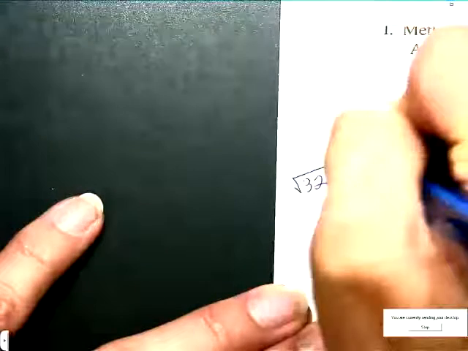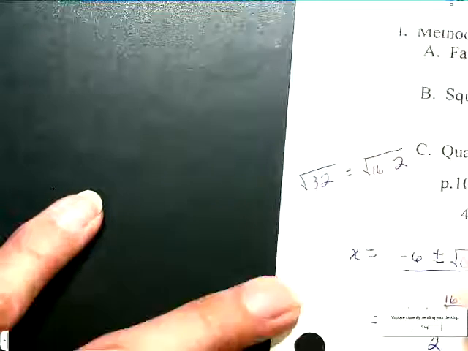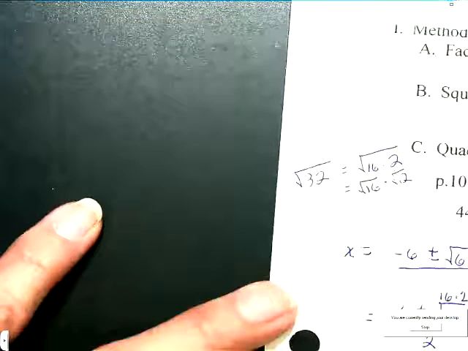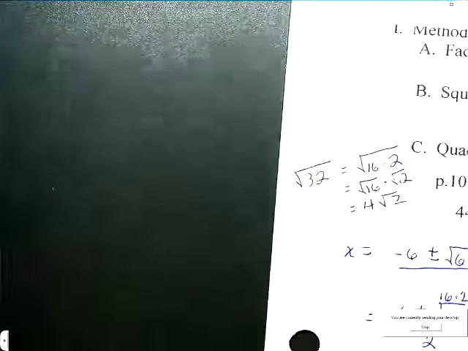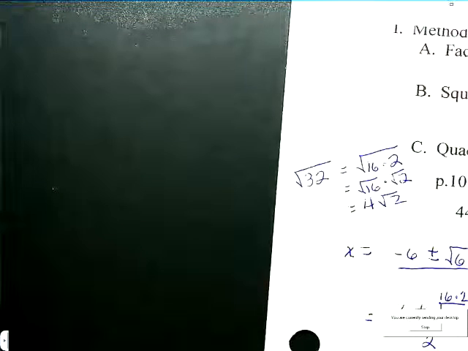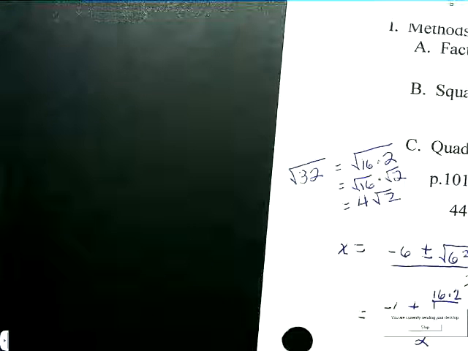First, we write the square root of 32 as the square root of 16 times 2. And then we break it into 2 radicals, square root of 16 times square root of 2. And then we take the square root of 16. Actually, that's not what you said. You said you still had the 4 under the radical? Right. Yeah, no. 4 is the square root of 16, and we don't take the square root anymore.